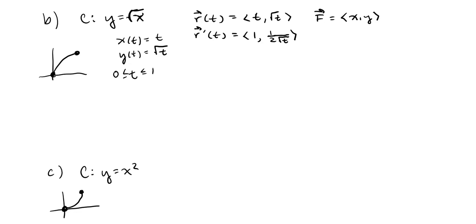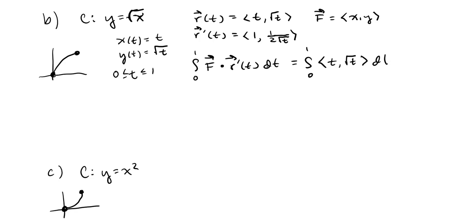And then when we do our integral, we're going to do the integral from 0 to 1 of F dotted with r'(t) dt. So when we plug into F, x was t, y was square root t. We're going to dot that with (1, 1 over 2 square root t) dt.